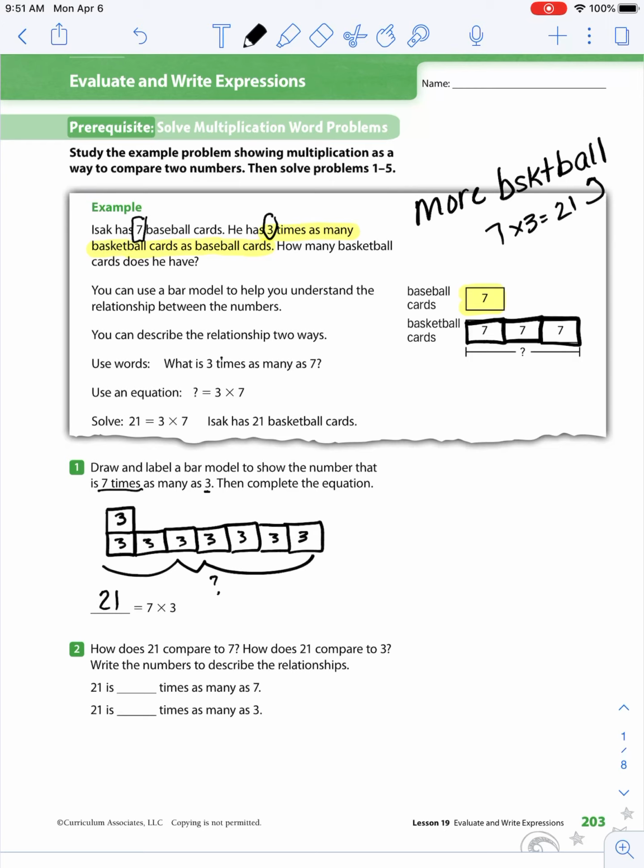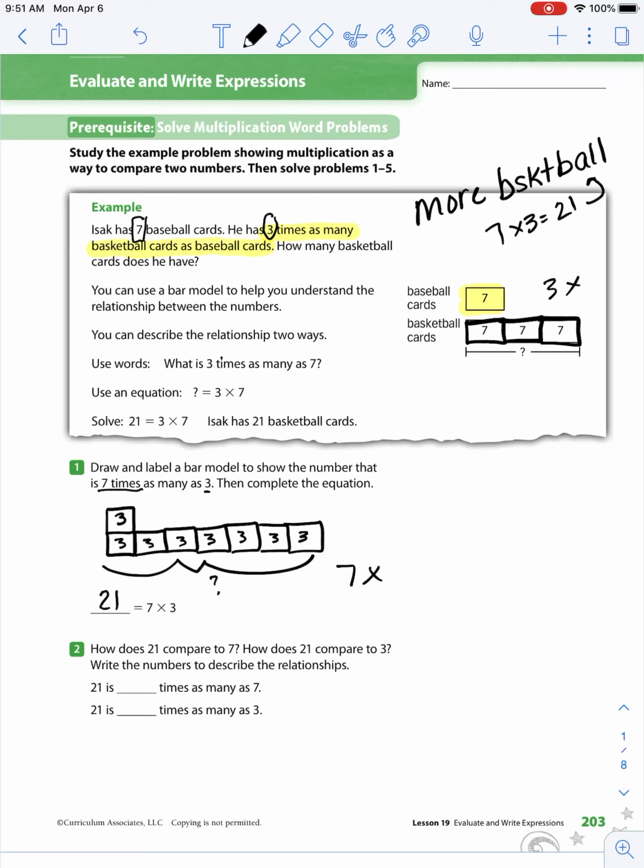Okay? Let's look at number 2. How does 21 compare to 7? How does 21 compare to 3? Well, when you're thinking about how it compares, up here, 21 compared to 3 was 7 times as much. And over here, in the example, 21 compared to 7 was 3 times as much.